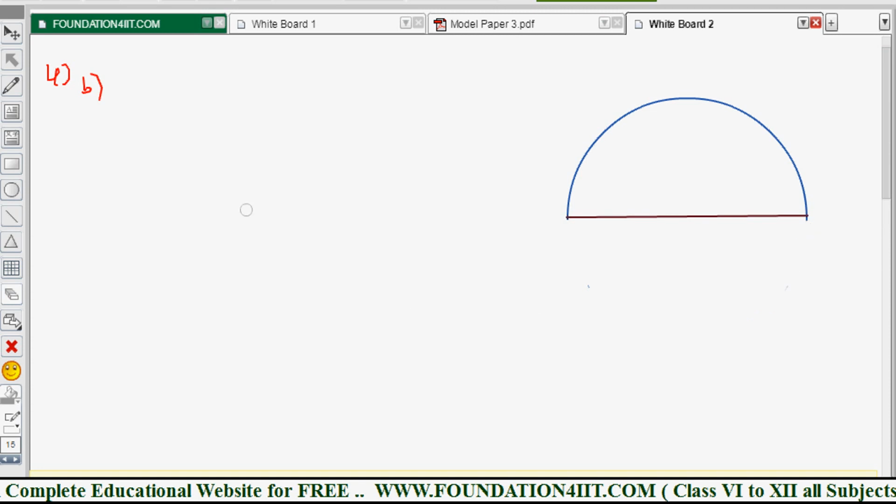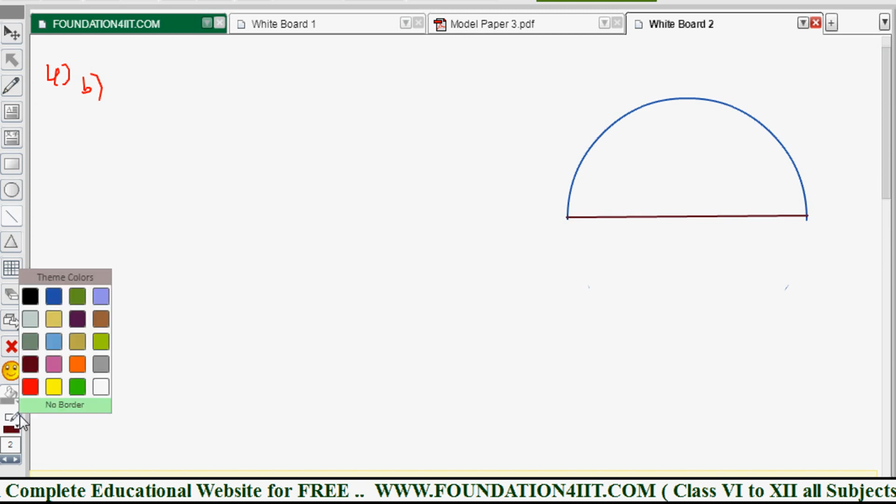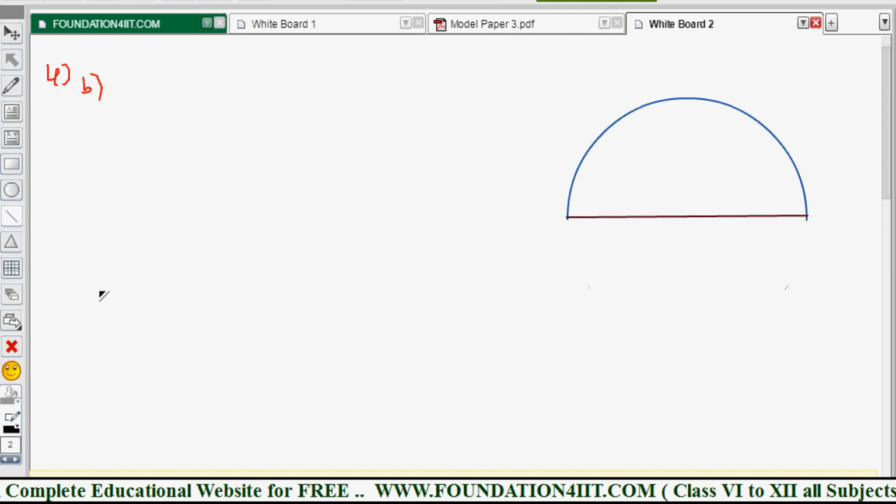So I'm taking the diagram. And from the lines inside, there is a parallelogram. That is from A to D and D to C, and A to O. O is the center point.